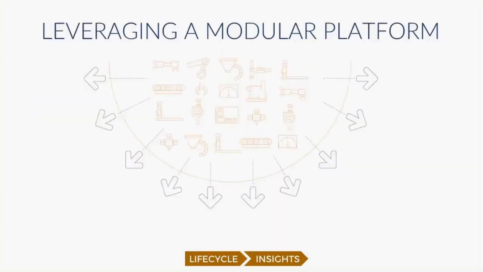So let's talk a little bit more about how that works. So in the middle, you have a modular platform, and you can combine different modules to create custom equipment. Right? So what we actually have here is we're increasing variability, yet we are also increasing reuse along the way. So all of this relies on this concept of a modular platform.